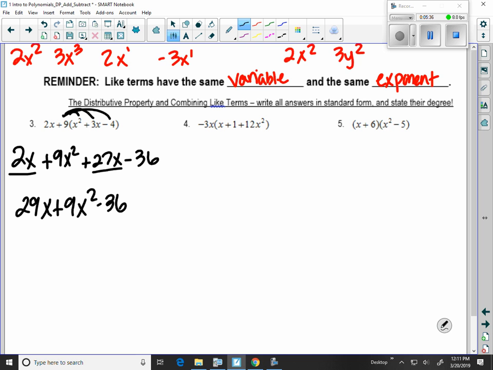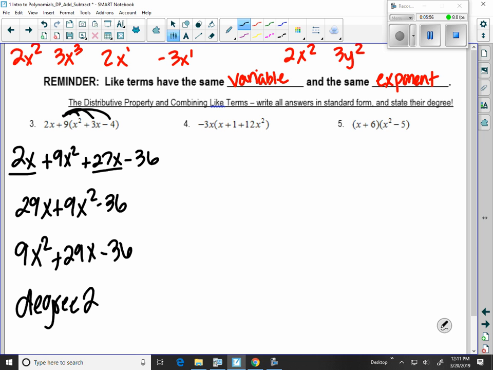No, I need to rewrite it in descending order. So my 9x squared comes first, plus 29x minus 36. What is my degree? 2, because that's my highest exponent. So say that's degree 2.